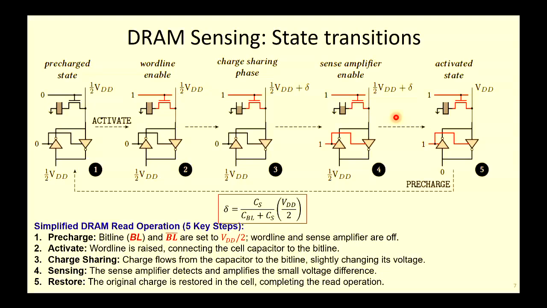This change in voltage will force the sense amplifier, when activated, to drive the bit line to VDD, the full rail voltage. Half VDD will go to VDD and the other will go to 0, because this one is a little bit extra high. And then you activate this word line, so this cell, which lost its charge during sensing, will be written back. That's the whole sequence of steps when you read the content of the memory.